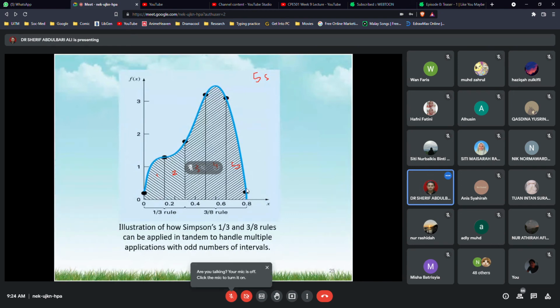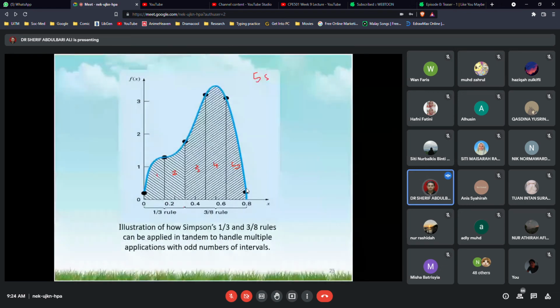Okay, so that means the step size here is 0.2. From here to here to here, this is what I'm going to do for the 1/3 rule.